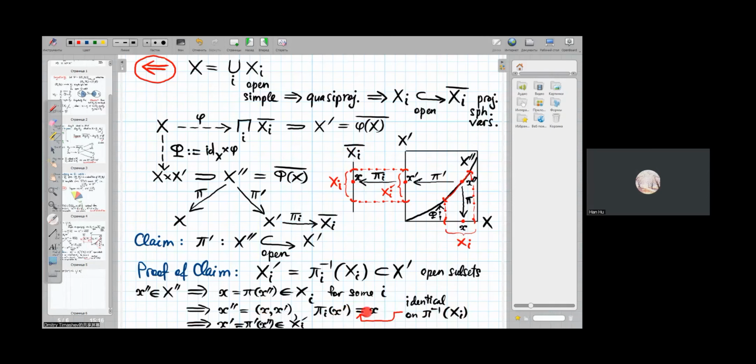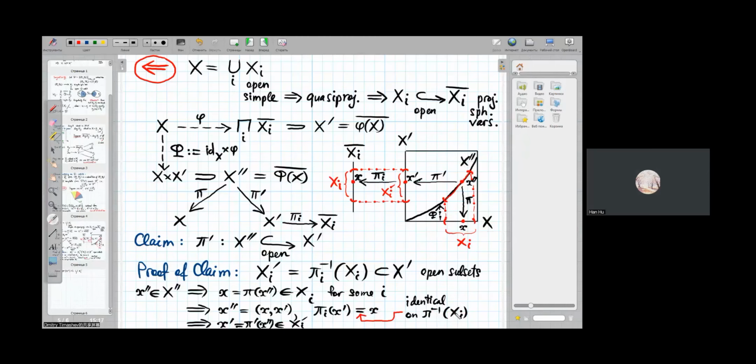So to make sense of this equation, we require that x belongs to xi, because xi bar is not contained in x, but xi is contained. So this equation makes sense on this open subset, the inverse of xi, and it holds identically because it holds on the open orbit. This is the argument.